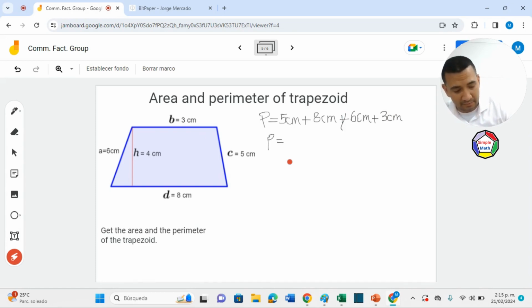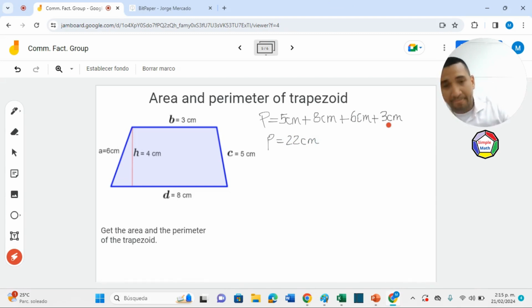The perimeter is 5 plus 8, 13, 13 plus 6, 19, 19 plus 3, 22. So the perimeter is 22 centimeters.